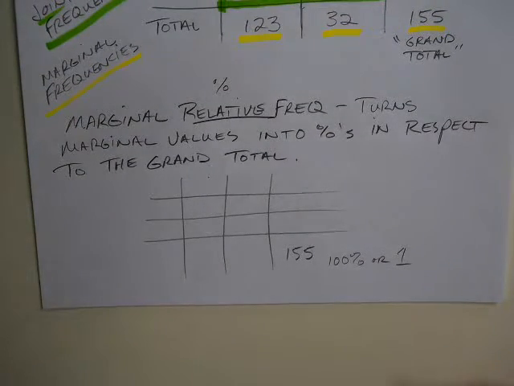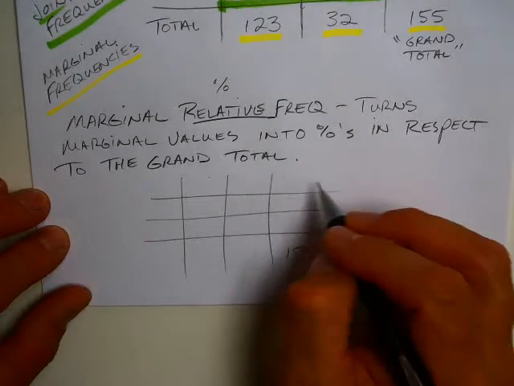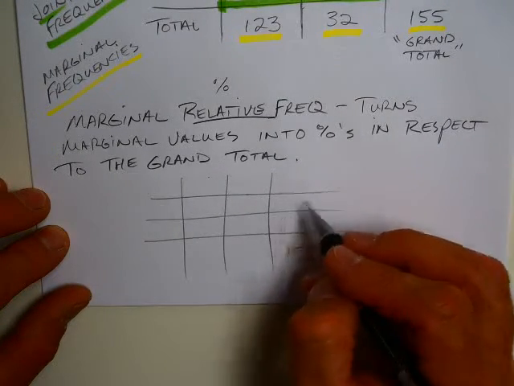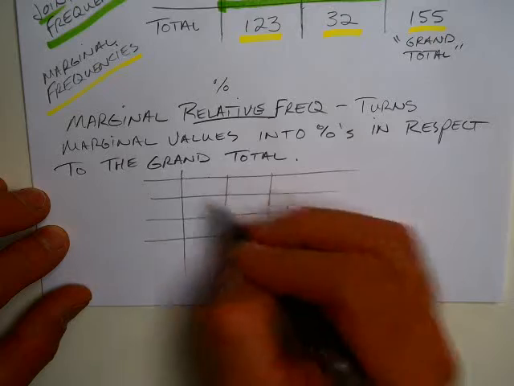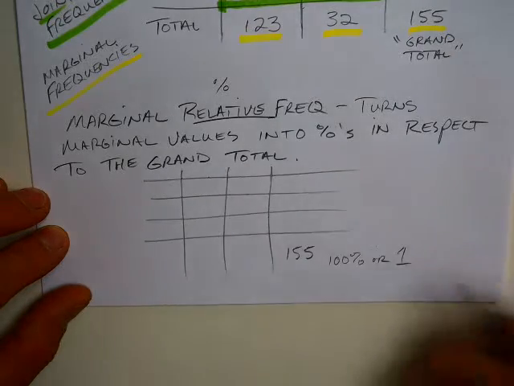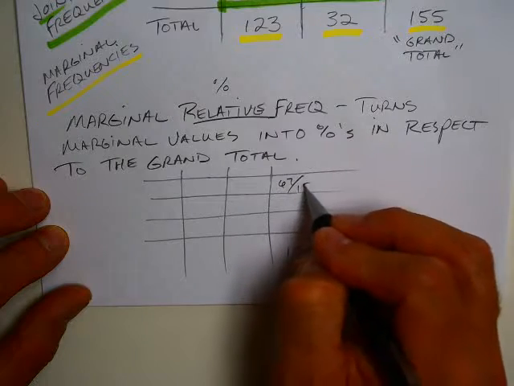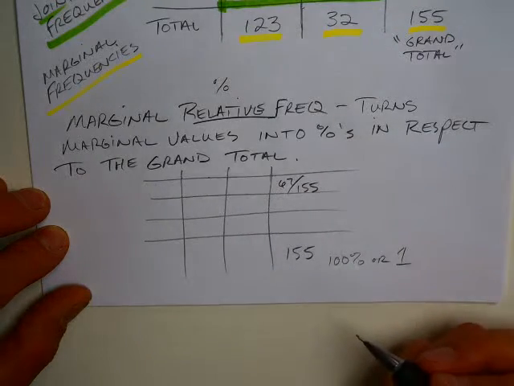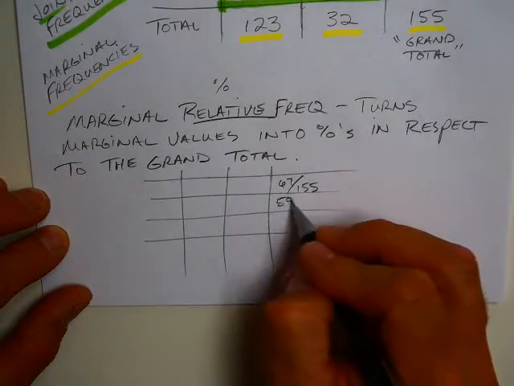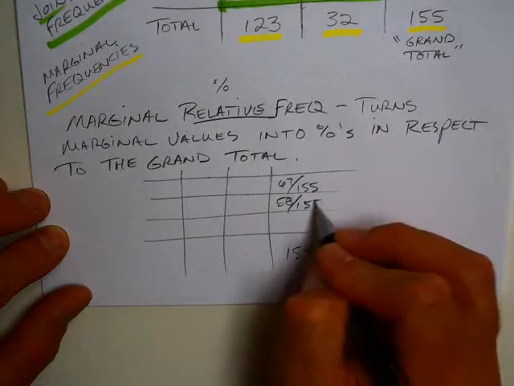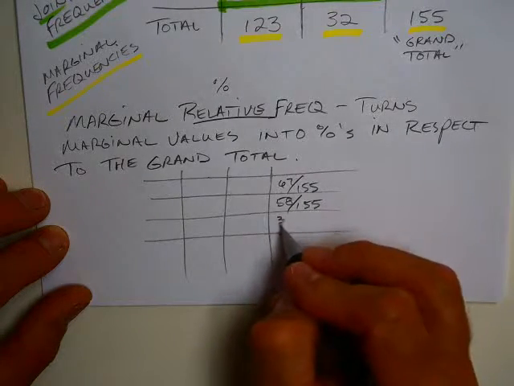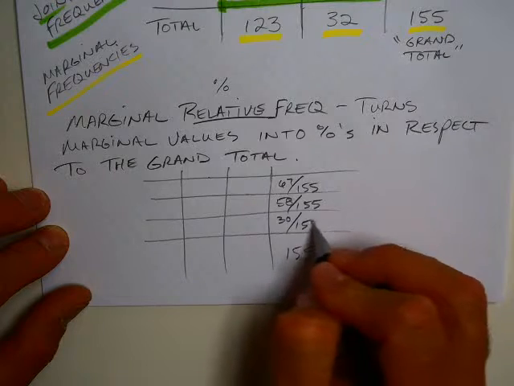So what we would do is we would take our totals, 67 divided by 155, and 58 divided by 155, and 30 divided by 155.